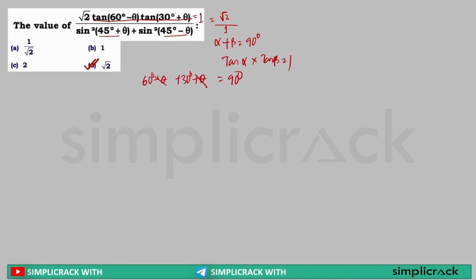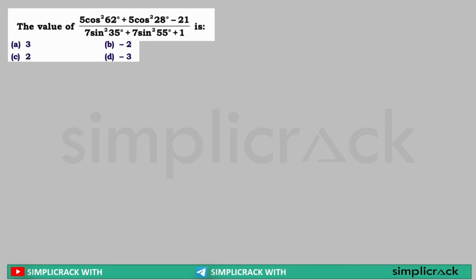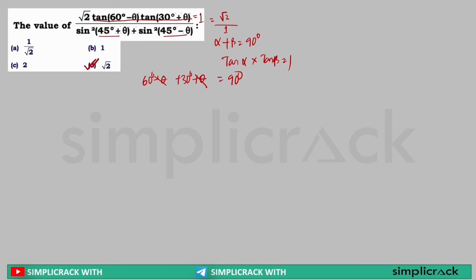Clear? We are only using two formulas, and based on that we are calculating the whole thing. Next, sir, it is saying 5 cos square 62 degree plus 5 cos square 28 degree. I think I am repeating this question.